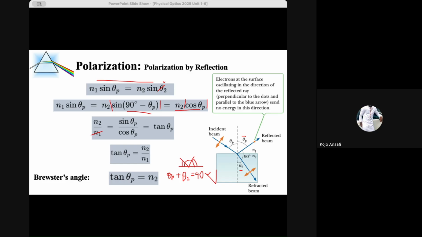What I want to know is that at a certain point where the reflected ray and the refracted ray, which is inside the medium, are perpendicular to each other, is that the point? I'm asking because of the condition theta 1 plus theta p being equal to 90 degrees. So is the orientation such that we get a situation where the reflected ray and the refracted ray are perpendicular to each other, so that they must be equal to 90 degrees, which is the Brewster angle, which is theta p?